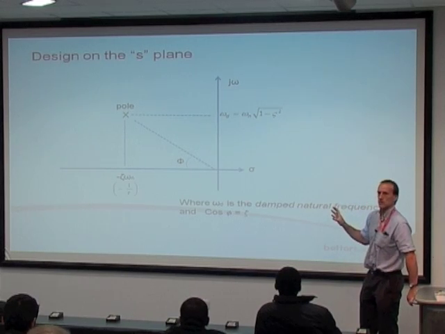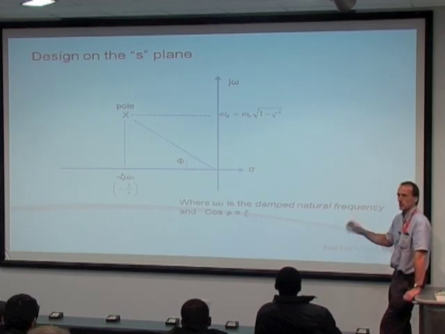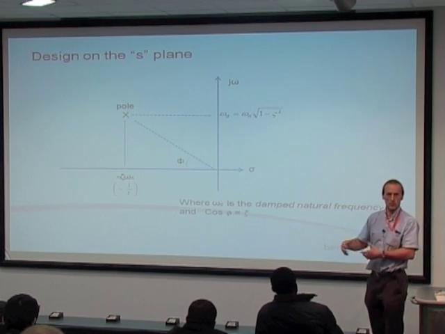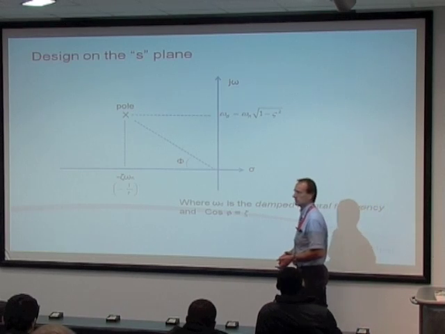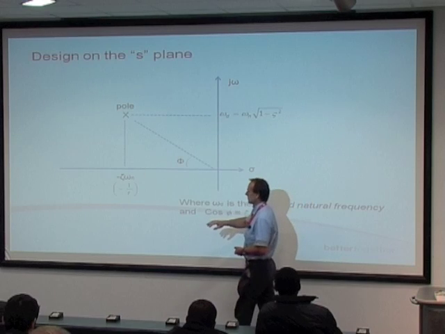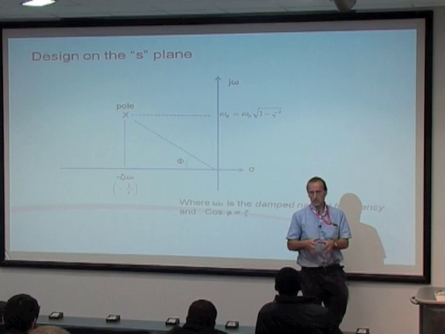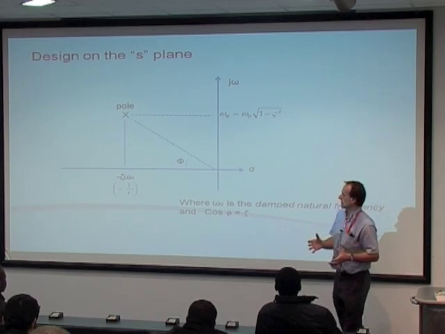What else can we do with this thing? Well, I've ascertained already how to make one particular set of poles dominate the response of a system. I can express that in terms of zeta, in terms of omega n, in terms of tau, all those sort of dynamic things that I understand.